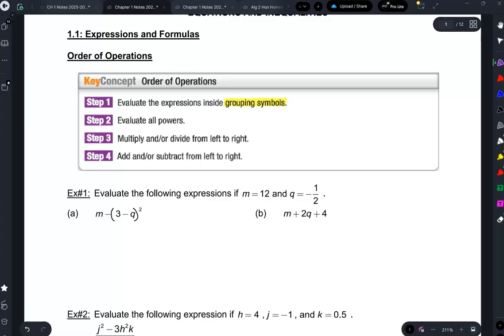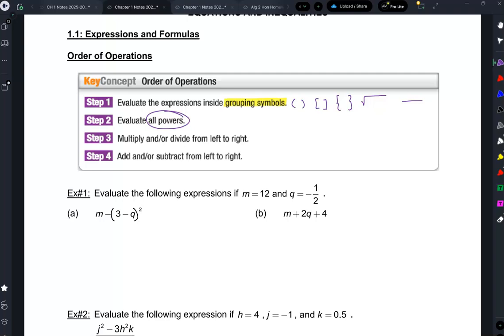The grouping symbols can be parentheses, square brackets, curly brackets, a square root, or a fraction bar. And then you evaluate the powers. So after that, you do the powers, all the exponents.